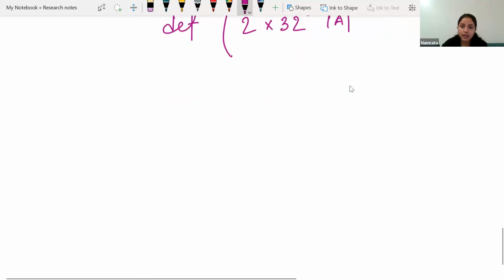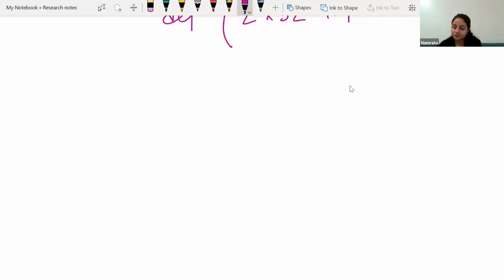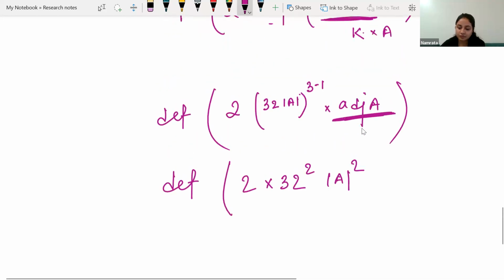At last I'll come to this question. So the next question is, we will see how to apply elementary operation on determinants.